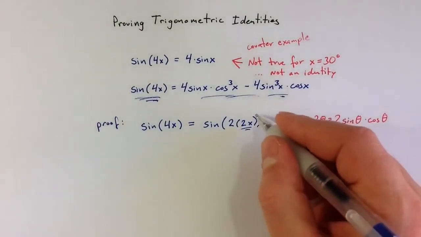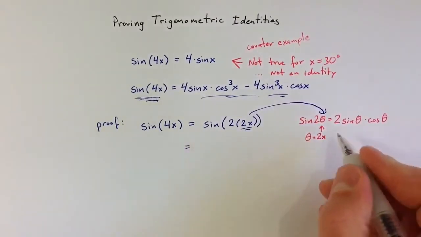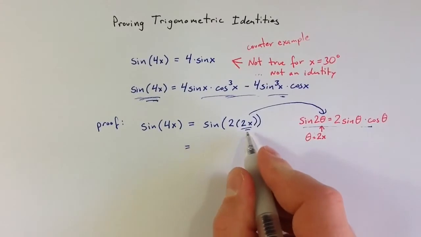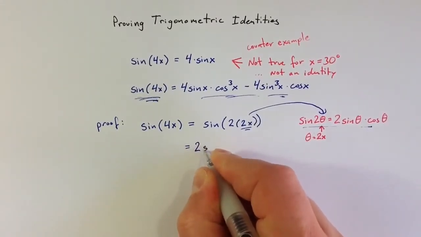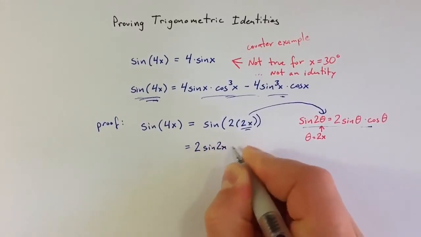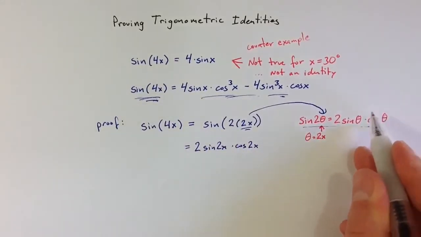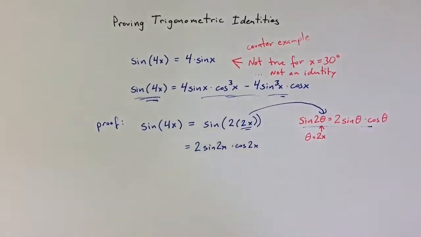So using this identity, I can rewrite sine of 2 times 2x to be 2 times sine of 2x times cosine of 2x.